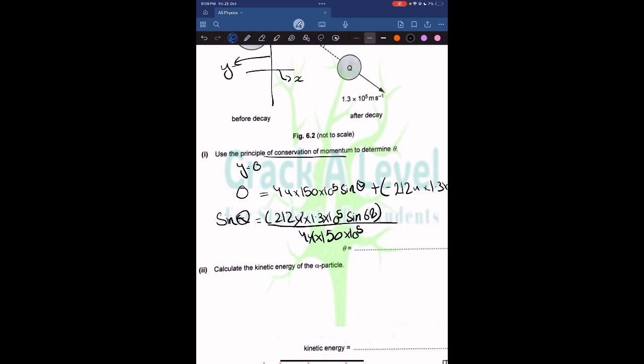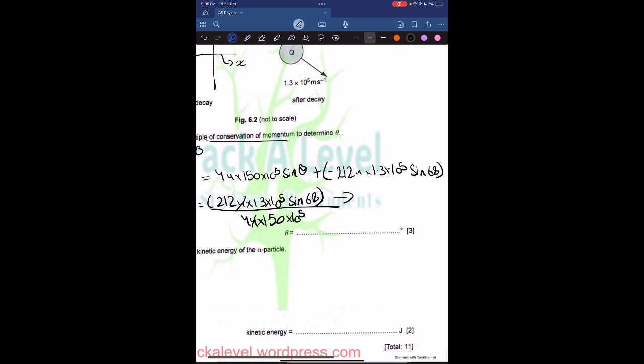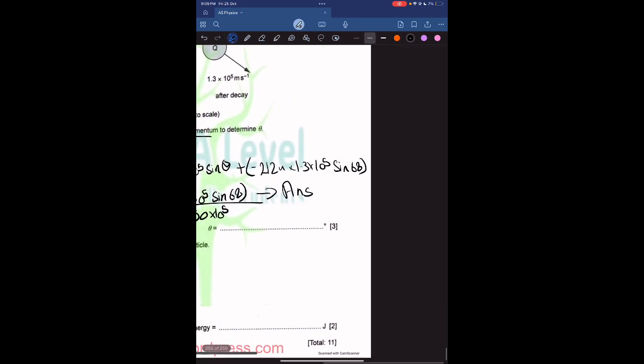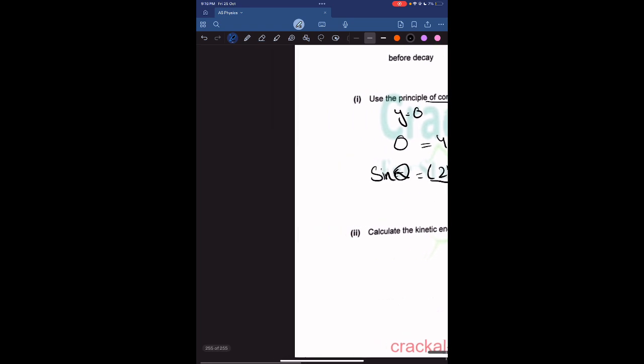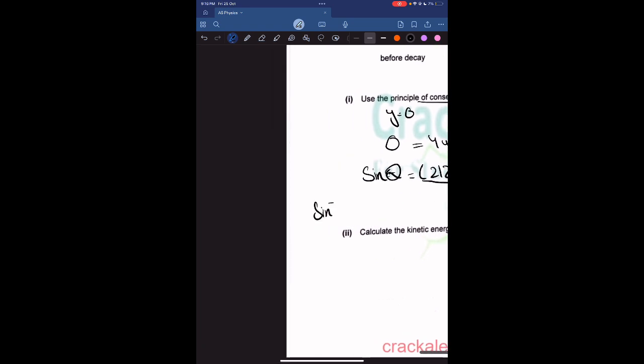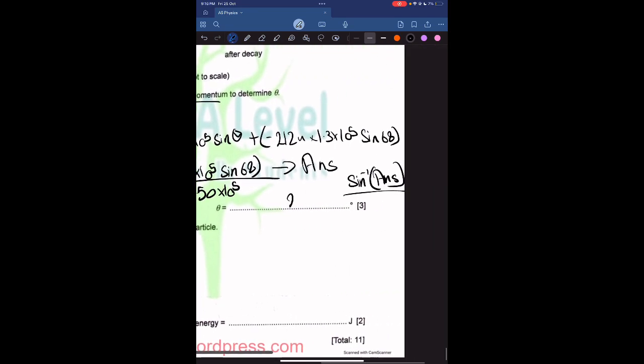The u and u cancel out. You divide these together to get an answer for the ratio, and then take sine inverse. I'm getting sine inverse of 0.4257, and if you plug that into the calculator, I'm getting 25 for theta.